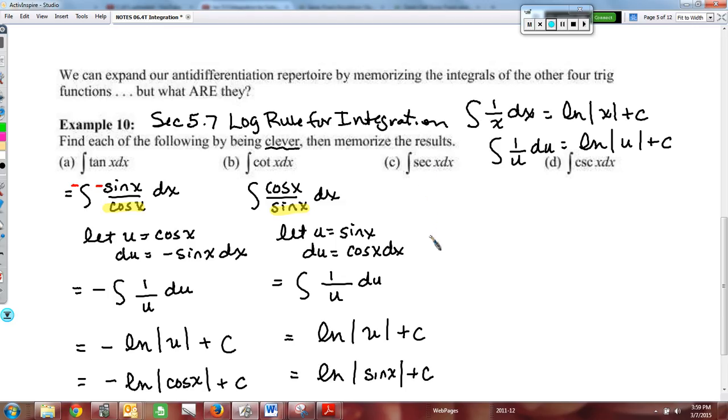On the secant of x, what we're going to do is I'm going to multiply by a convenient form of 1. That's going to be my trick. So I'm going to take the secant of x that I had, and I'm going to multiply it by secant x plus tangent x.